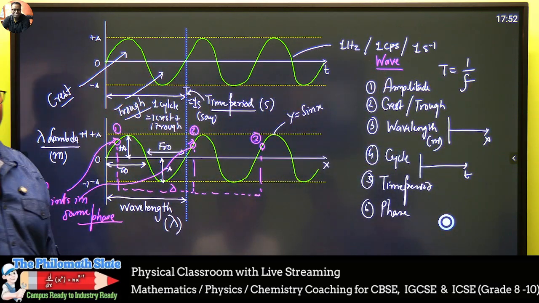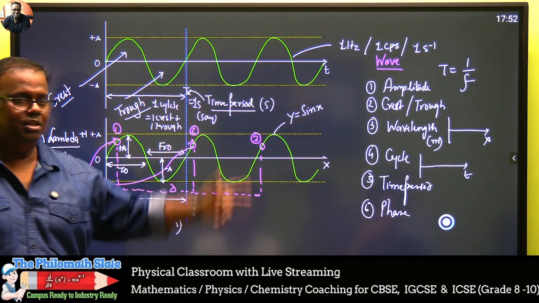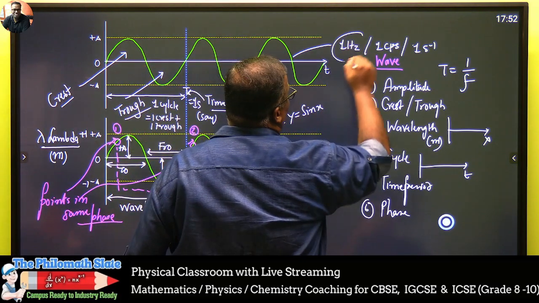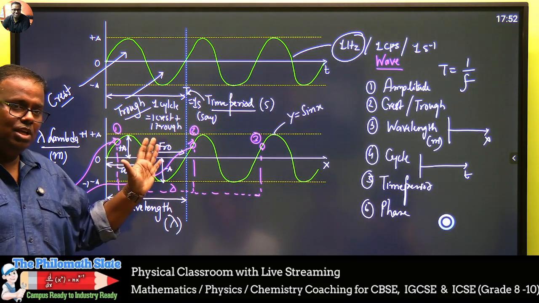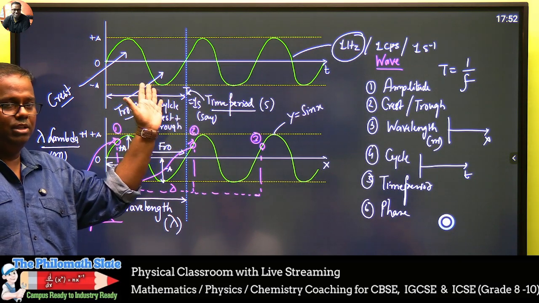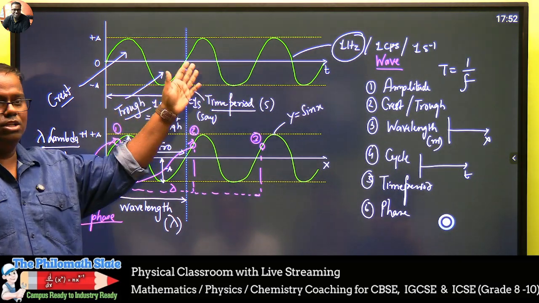So what is 1 CPS? Cycles per second. Cycles per second is called CPS. We'll use hertz more. Same thing, cycles per second or second minus 1. So have you understood frequency? Frequency होने से हमेशा time के साथ देखना है. How many cycles in 1 second?